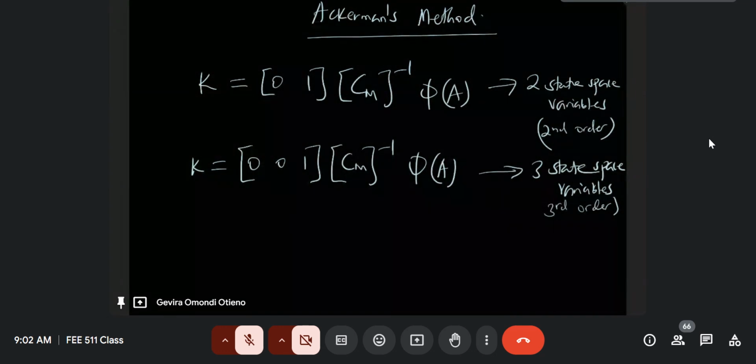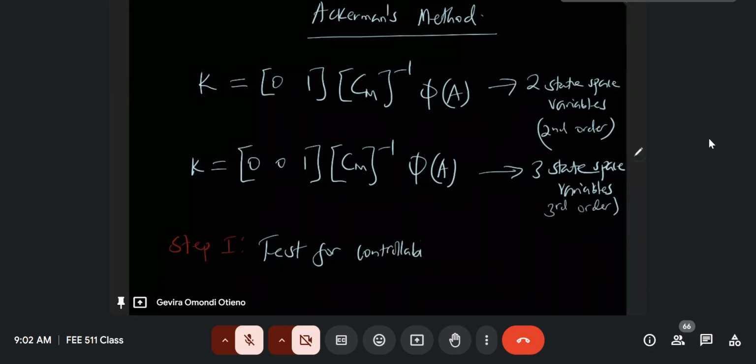So how do we solve this using Ackermann's method? Somebody should tell me what step 1 is. I told you, whichever method you use, the first step is to test for controllability.